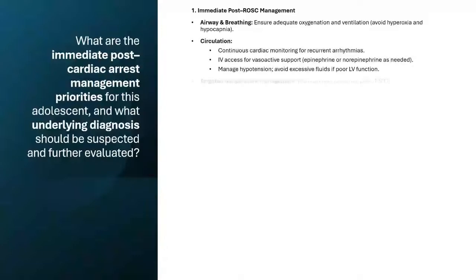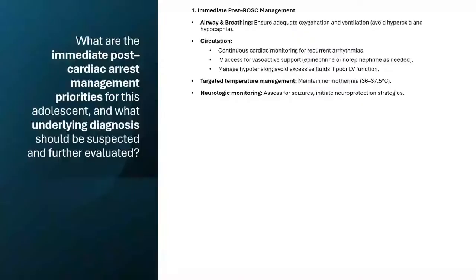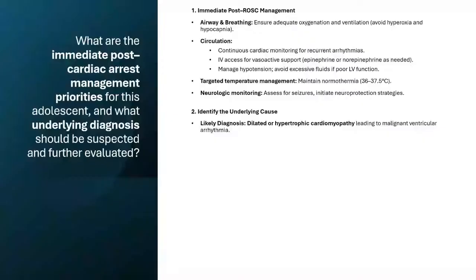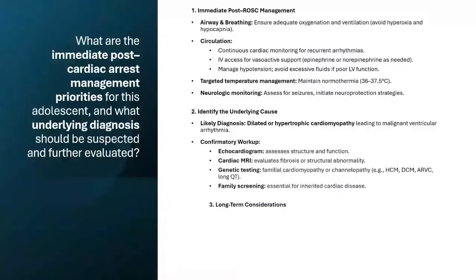So ABCs, of course, targeted temperature management, as this patient was slightly hypothermic, assess for seizures, neuroprotection. And the underlying cause in this case is likely going to be hypertrophic cardiomyopathy leading to V-fib. The workup in the hospital is going to be echocardiogram, cardiac MRI, genetic testing, and family screening.